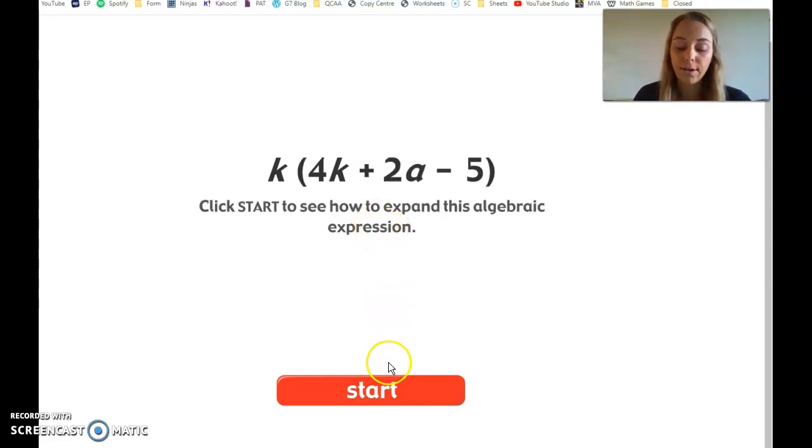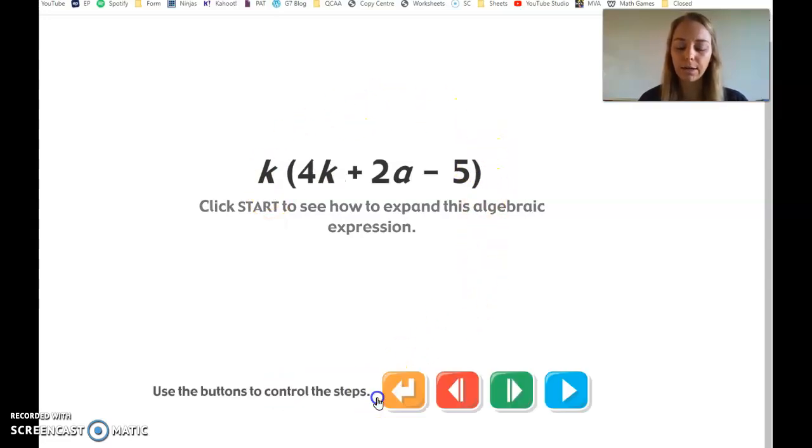If you don't, you just want to see like, what is this even going to look like? Let's think about it. It's going to be k times 4k. All right, then the next thing is going to be a plus because there's a plus there. K times 2a. Then next is going to come a minus, and then we do k times 5. So let's watch this and see how it looks.